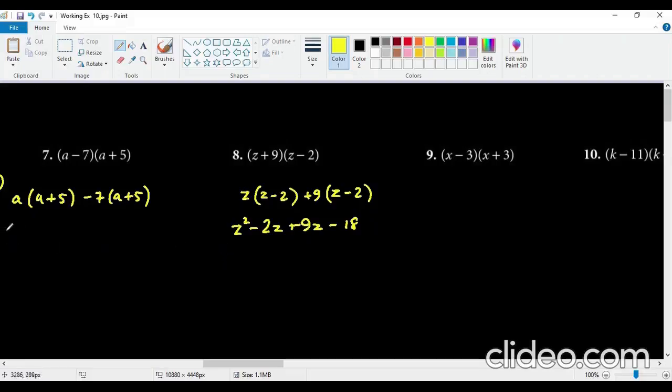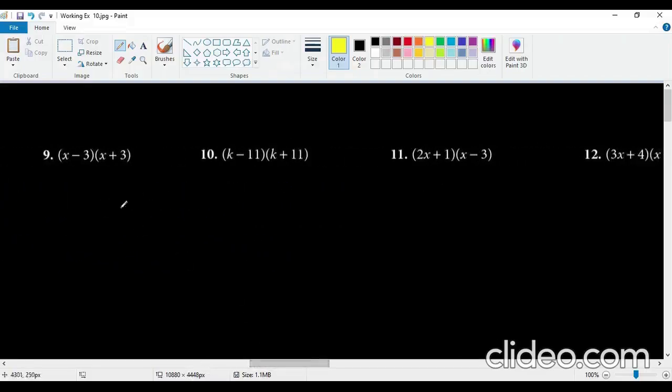For the first one, a square plus 5a minus 7a, and minus plus is a minus. 7 times 5 is a 35. So a square minus 2a minus 35. For question number 8, it's going to be z square plus 7z minus 18 is going to be the answer.